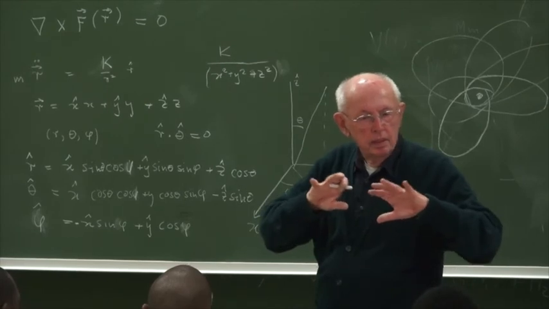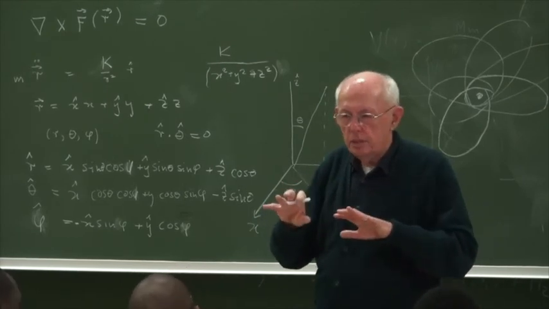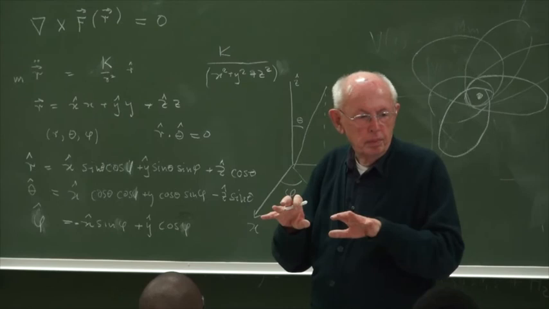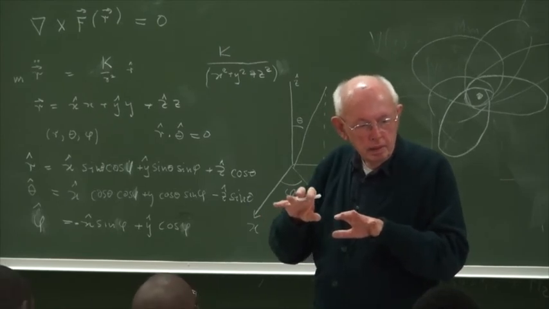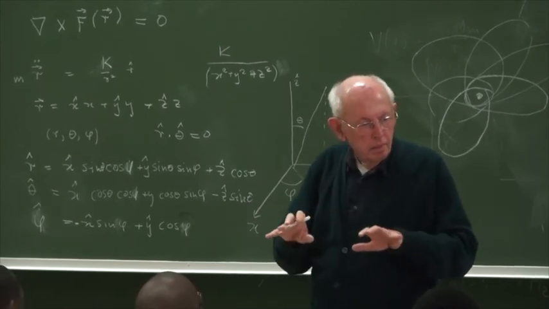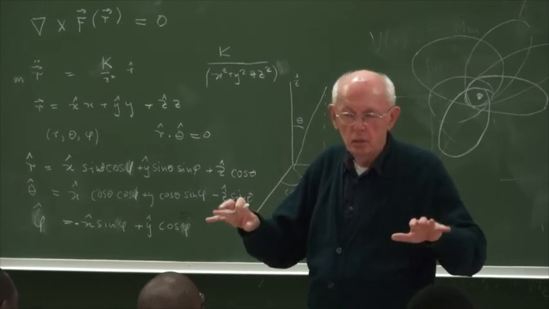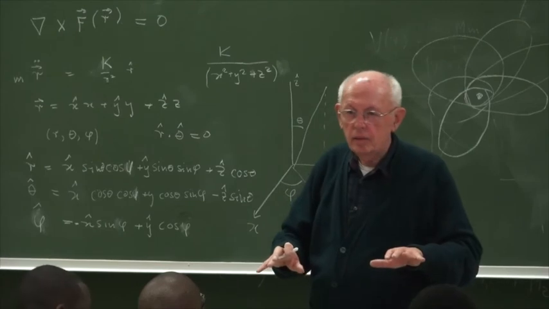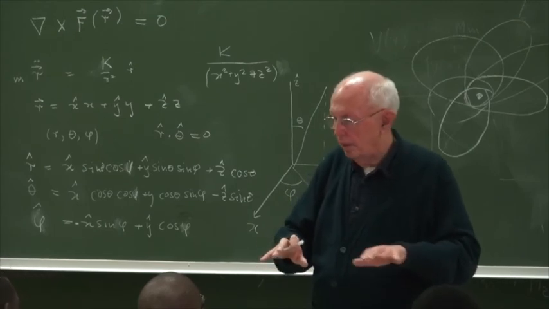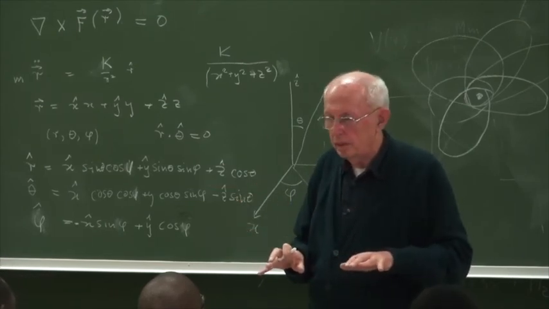So what you see in this, and this is why I'm spending some time on this specific problem, is that the conserved quantities play a huge role in determining motion, classically already, and then very much more so in quantum mechanics.